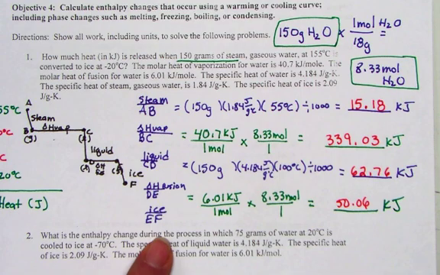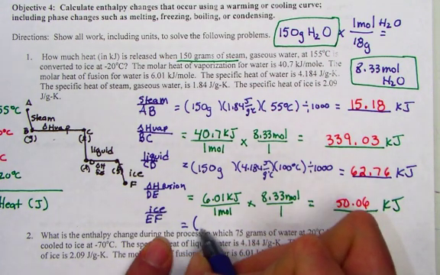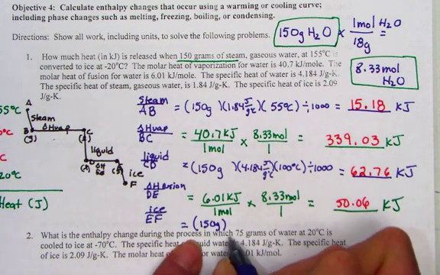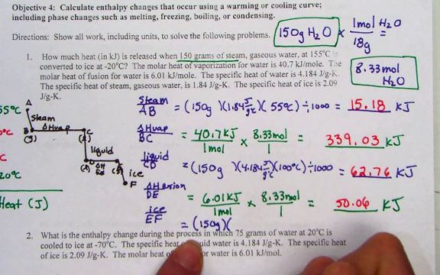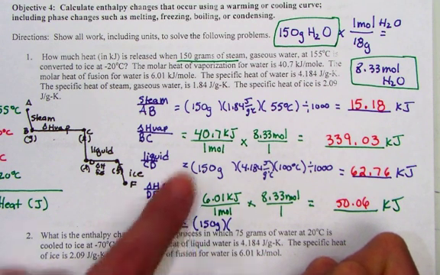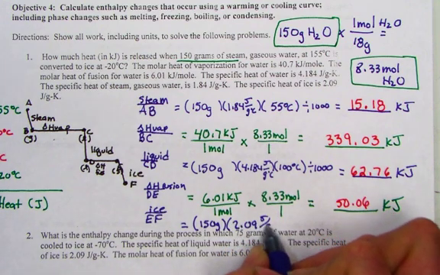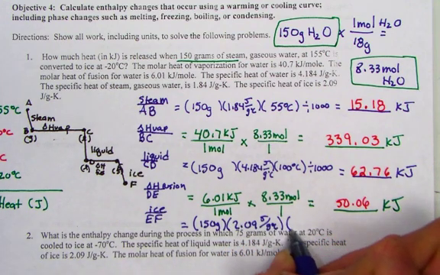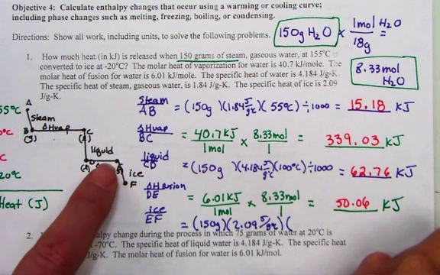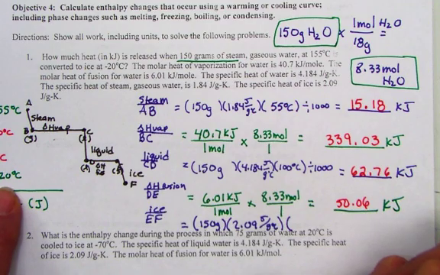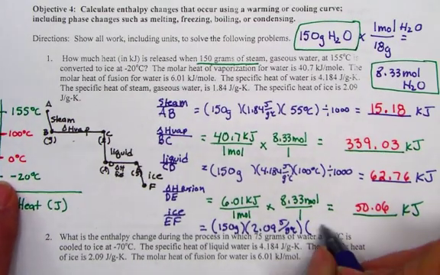One more line segment is the final temperature change. We have an MCΔT problem for ice. We are having 150 grams stand for the M, the mass of our problem. Specific heat constant unique to that of ice, 2.09 joules per gram degree Celsius. The final temperature change to move from point E to point F went from 0 to negative 20. 0 to negative 20 is a change of 20 degrees Celsius.